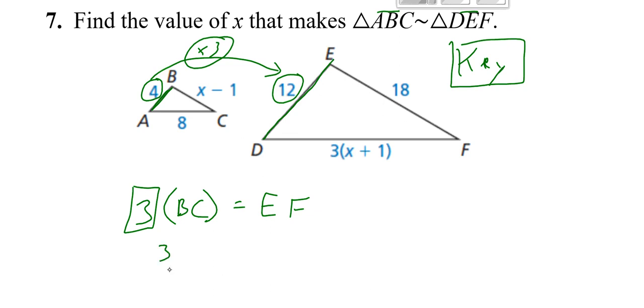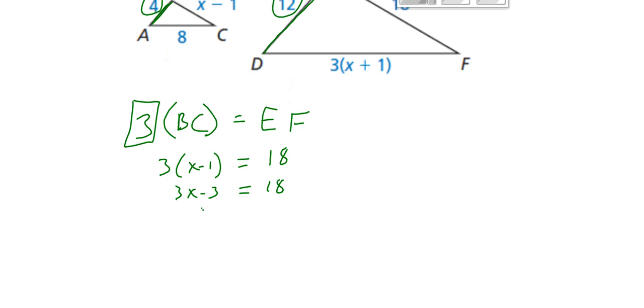So I get 3 times X minus 1 equals 18. Now I can solve that out, and I get 3x minus 3, distribution property. Add 3 to both sides, and I get 3x equals 21. Divide by 3, divide by 3, you get x equals 7.